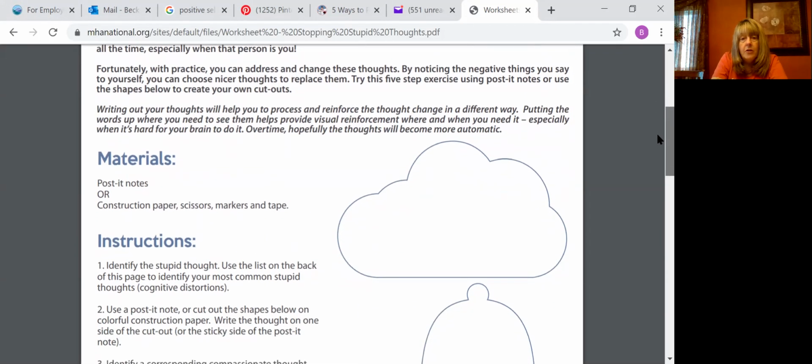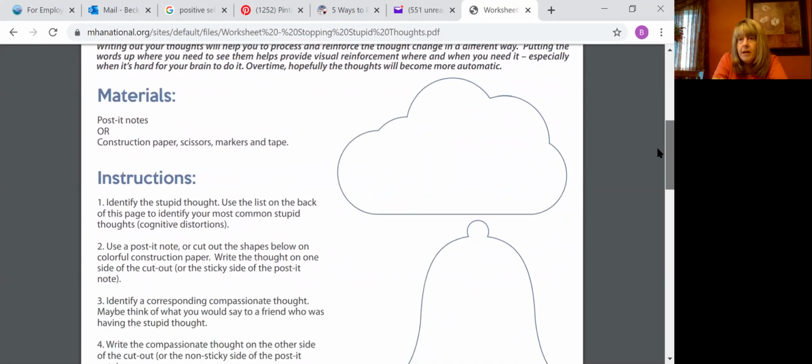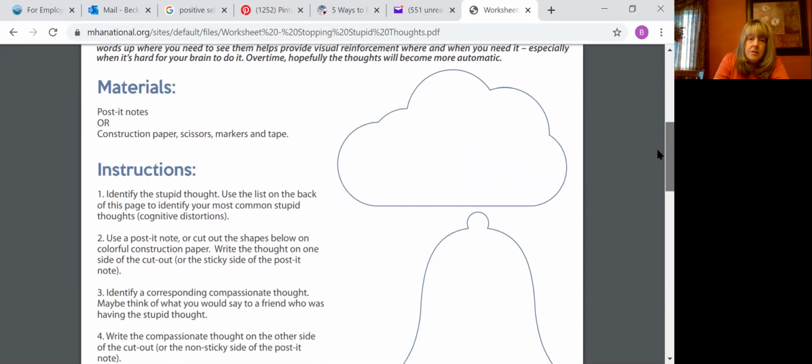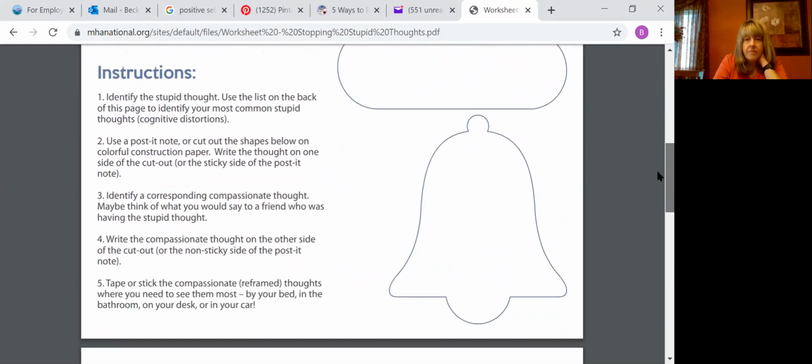And then you're going to write down something more positive or compassionate, maybe something you would say to a friend if your friend was saying these things. And then you can post the notes in your room, in the bathroom, wherever it is that you're going to see it on a regular basis to help remind yourself to change the thought to something more positive and more accurate.